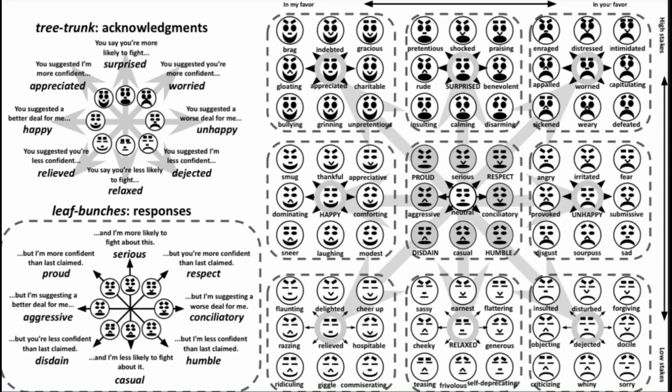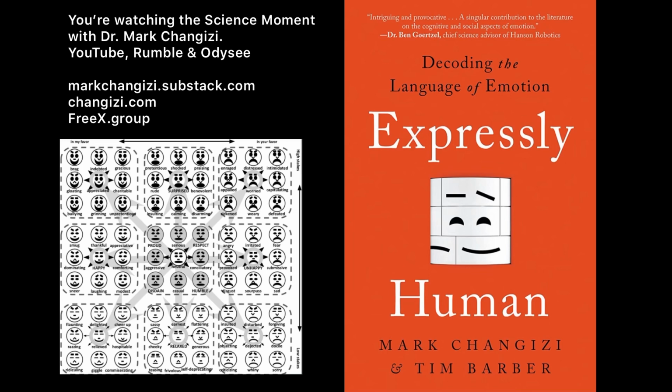In this way, you can see how, for any emotional expression in this gigantic space on the right, which is four-dimensional, you can unpack it in terms of two simpler emotional expressions. One from the first two-dimensional space on the upper left, which we call acknowledgments, and one in the bottom left emotional expression space, which we call responses. Each of the emotional expressions in this space is not just an emotional expression.